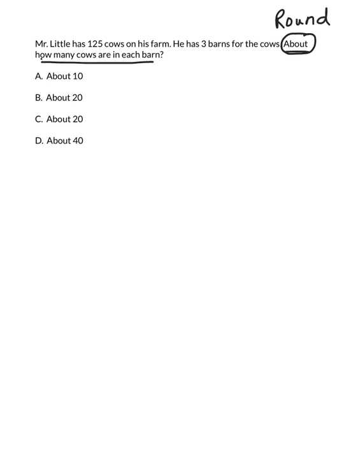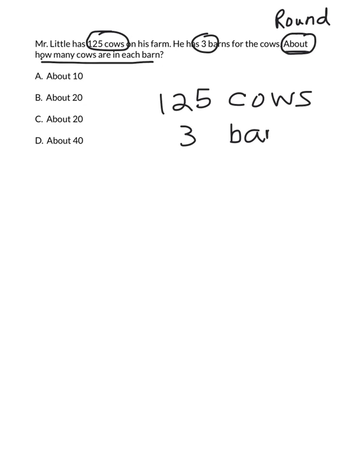So now we have 125 cows, 3 barns. What we are doing when we are rounding, or about, is we are looking at the first couple numbers to find a basic fact.